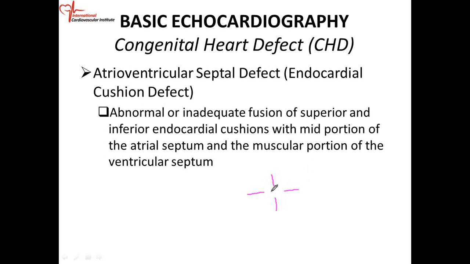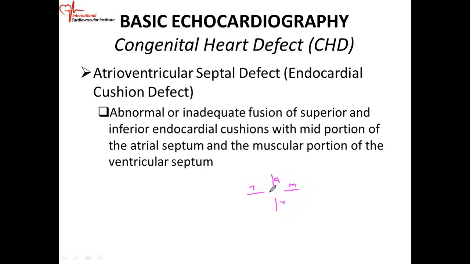So in the developing embryo, this contribution is from the atrium. This contribution is from the ventricle. This is from, say, the mitral valve. And this is from your tricuspid valve. And they usually come together to complete the structural integrity of the heart.